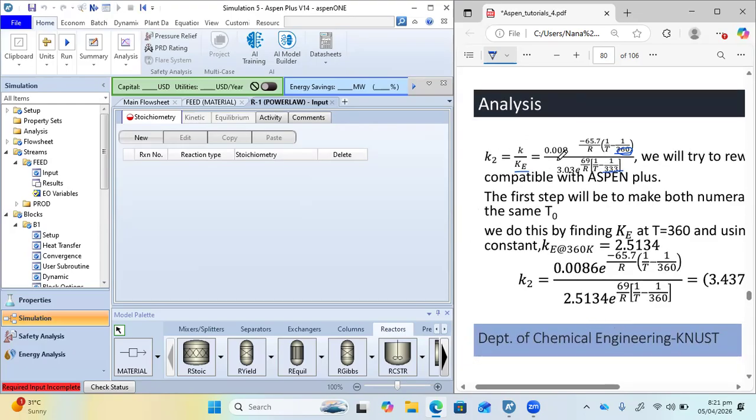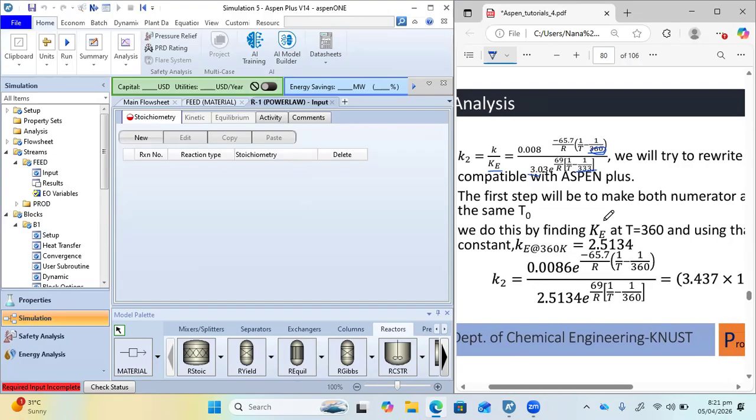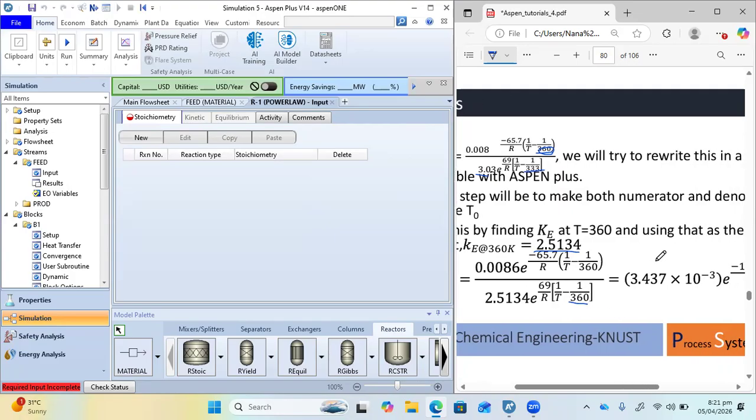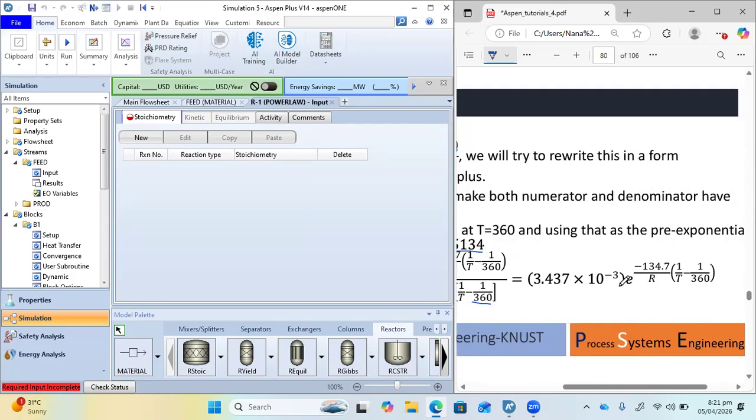So you can just put in your 360, you get to your new, let's call it Ke1, right? So maybe Ke naught is 3.03. When you put in 360, you get Ke1, that is 2.5134. Then you can use Ke1 with T1 to write an expression for what Ke should be. Then if we simplify the math over here, we'll end up with the expression in this final form. So this is for the backward reaction, the K for the backward reaction.